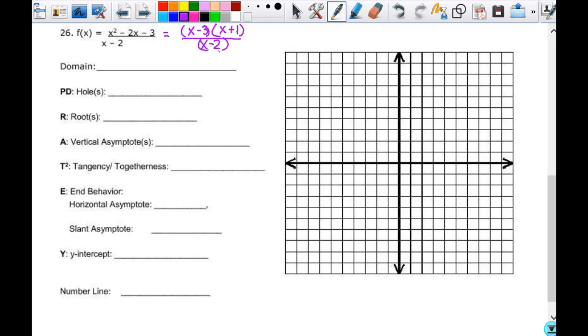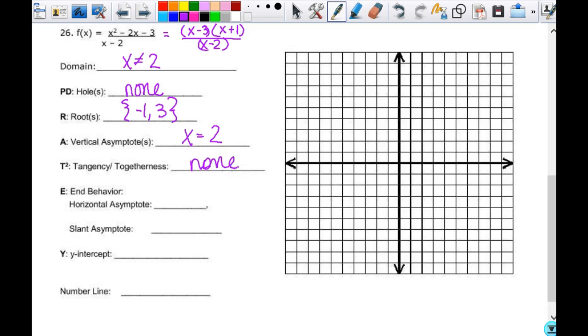And then my domain is all real numbers except x cannot equal 2. I do not have common factors to cancel, so there are no missing points here. Roots are at negative 1 and 3. Vertical asymptote, x equals 2. Tangency and togetherness, I do not have a factor that's squared in the numerator or denominator, so that is none.